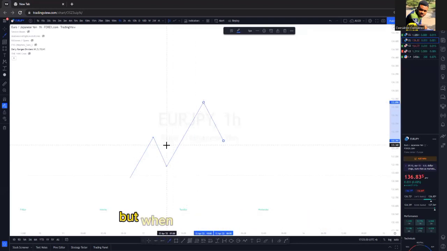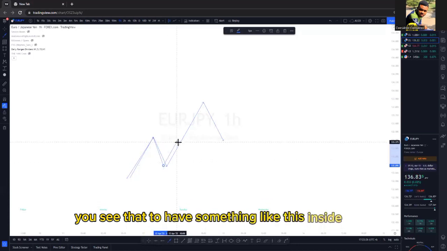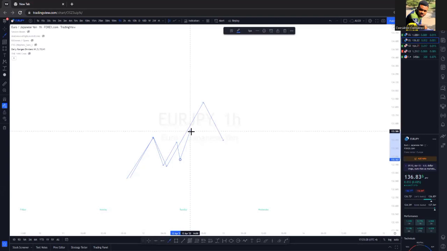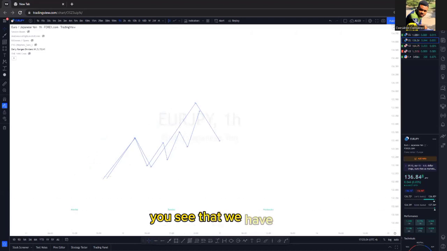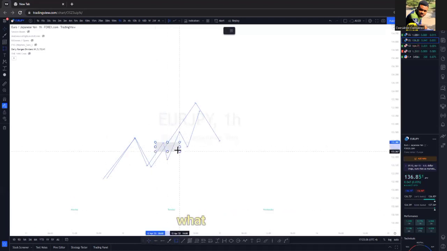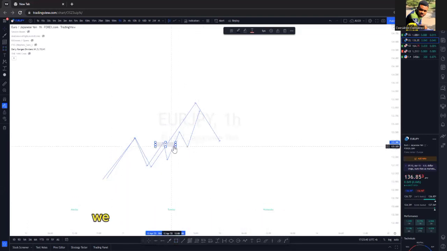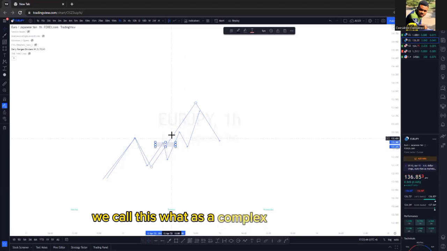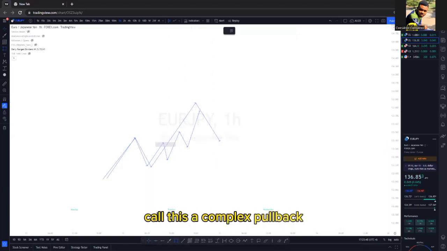But when you dive into the 1 hour, you see that we have something like this inside. On the 1 hour, you see this kind of movement within this H4 trend. We call this a complex pullback.